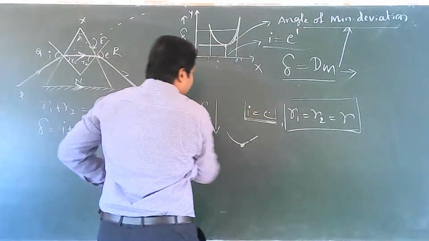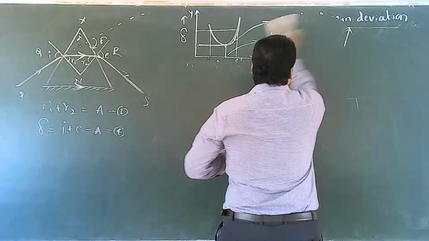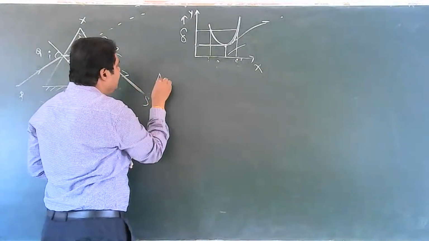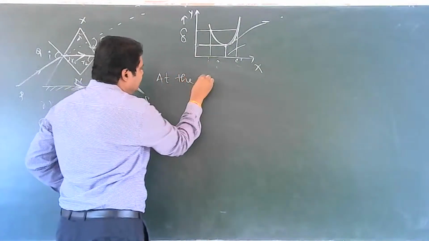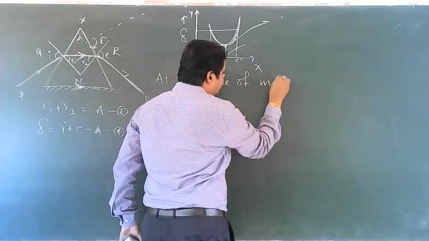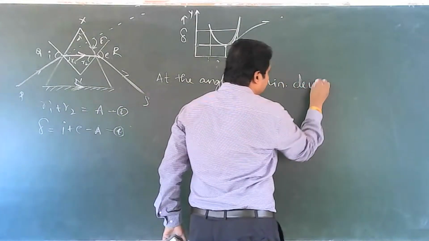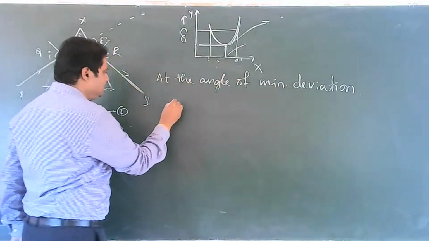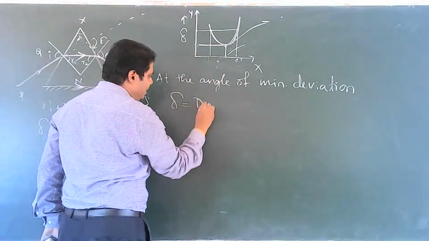Let me write. At the angle of minimum deviation, delta will be equal to dm.